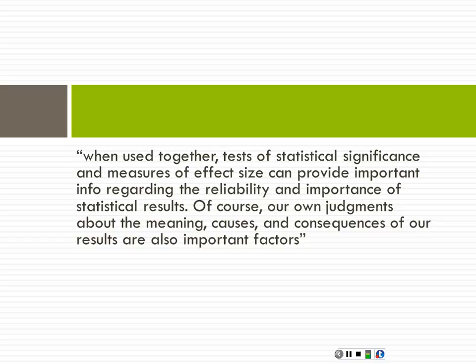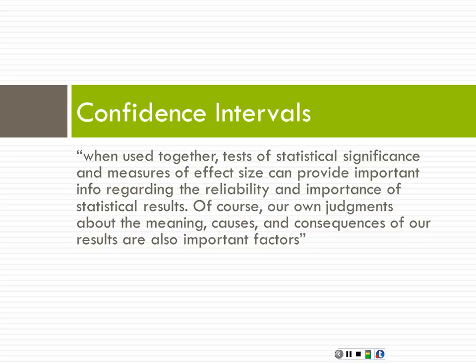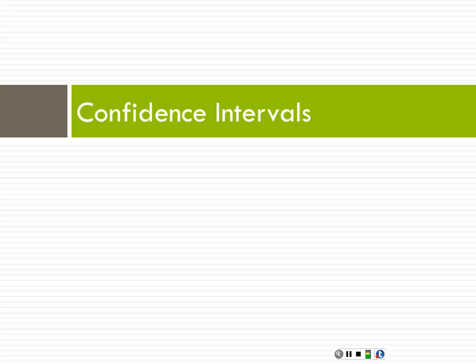We need to be knowledgeable so that we can best interpret the findings. So effect size is an excellent thing that helps us to kind of see how big the effect is and if it's meaningful. Along the same lines as effect size, a lot of researchers advocate for the use of confidence intervals. And these are kind of like a good indication of how reliable or accurate our sample statistics are.